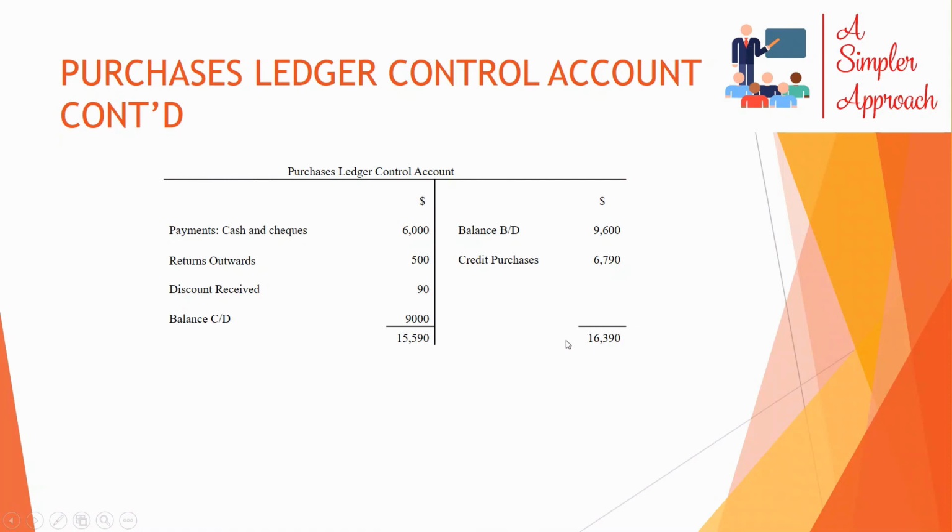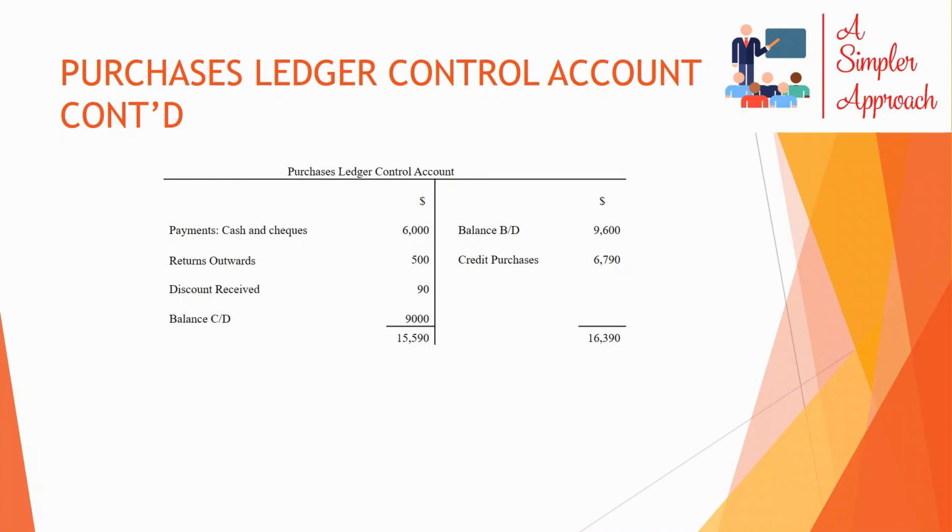Now, as we saw with the sales ledger control account, the information provided a perfectly balanced T account, which told us that there are no errors therein. Now, that same concept applies here. However, we have two different figures in the end. Based on the fact that these two figures are supposed to be the same, it means that there is an error within the purchases ledger.